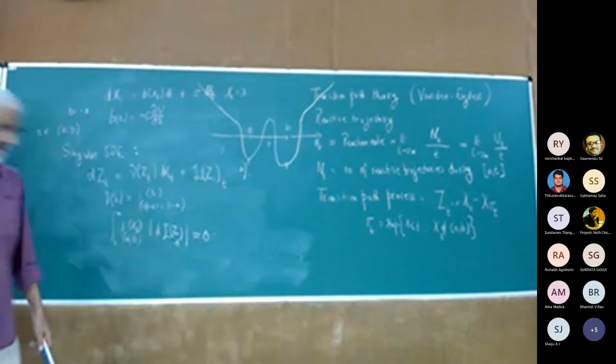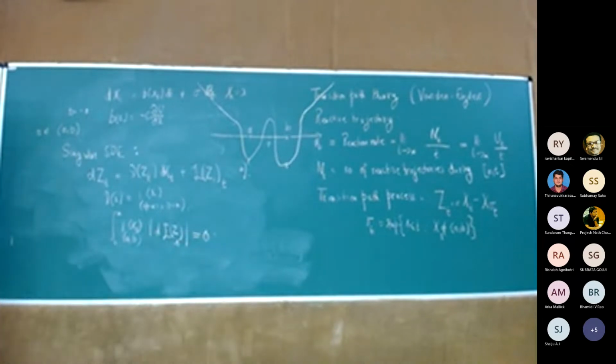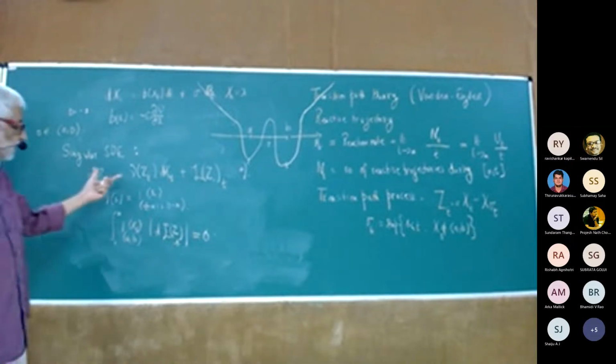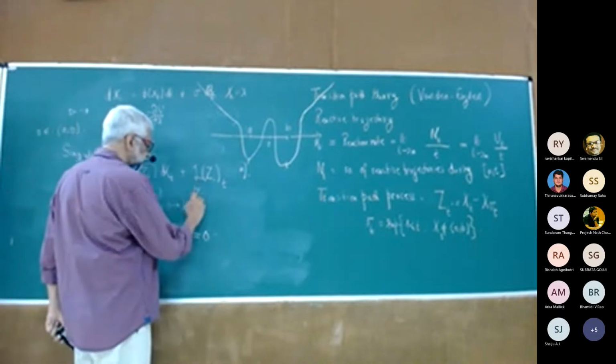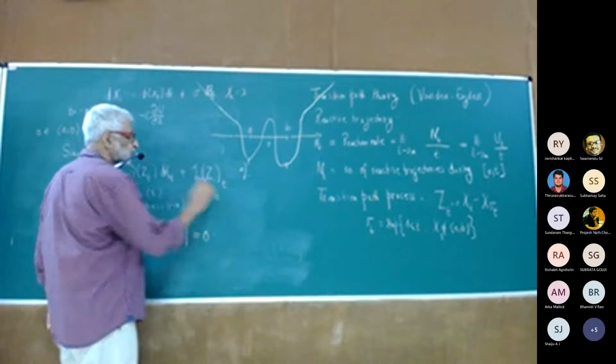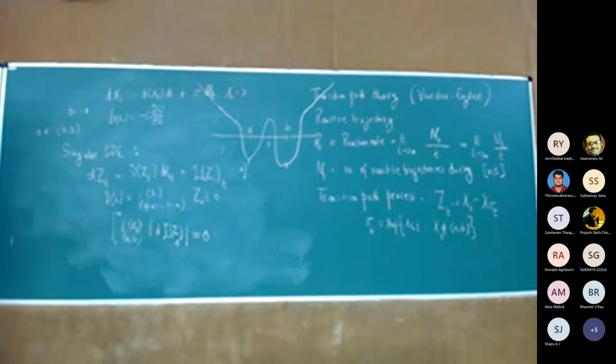So this is like the condition in this Skorokhod problem. And of course, Z0 is 0. It starts from 0 if X starts from A. So we'll assume all that.